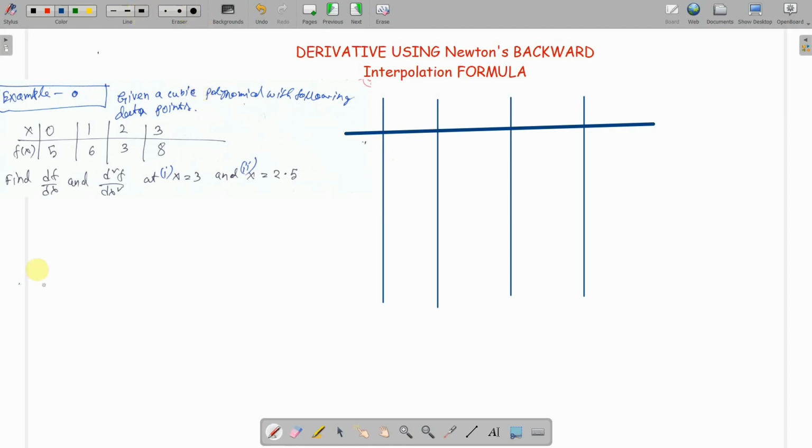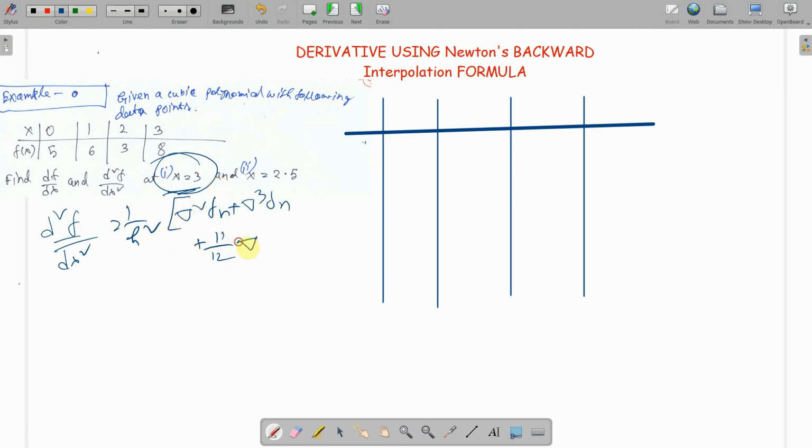No, no. What's the formula there? d2f/dx2, not this one. I'm asking for x equals xn. d2f/dx2 equals 1 by h square, nabla square fn plus nabla cube fn plus 11 by 12 nabla fourth fn, from equation number 4. Check your equation number 4 and tell me if I'm writing right or not.